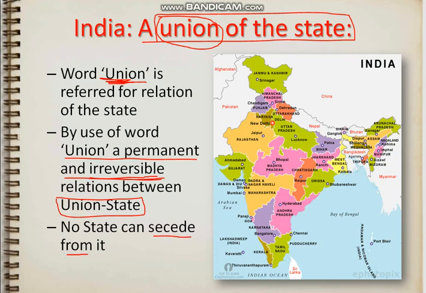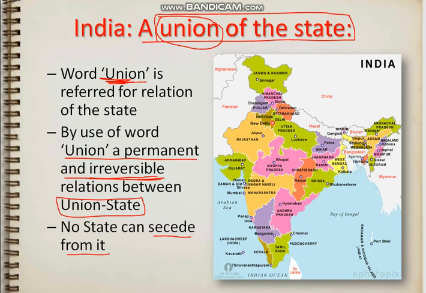No state can separate itself from the union, and that's why India is considered a powerful nation which has all the states working together for the development of the country, for the betterment of the country, and for the progress of the country. You already know, we have already studied in the previous standard, that there are basically three types of government working in our country: the central government, the state government, and the local government bodies.